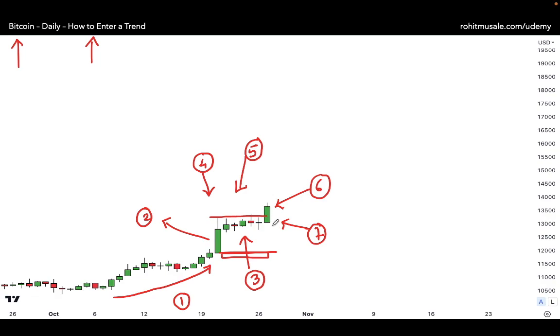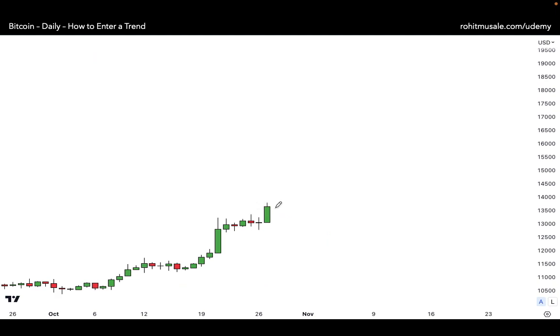And one more thing, after these conditions are satisfied, you are allowed to take a trade that would become your entry point, and the low of the first candle becomes your stop loss. We also need to know where to keep the stop loss, so that is your risk. And then there is no need to keep a target because it doesn't seem like there is some prior price point here.